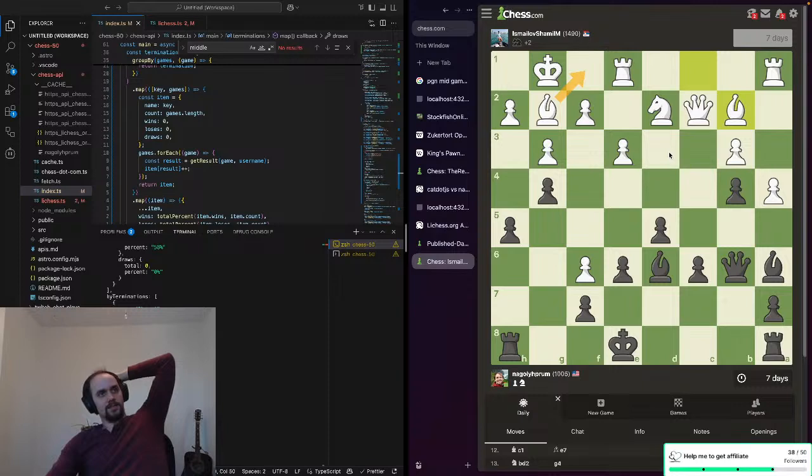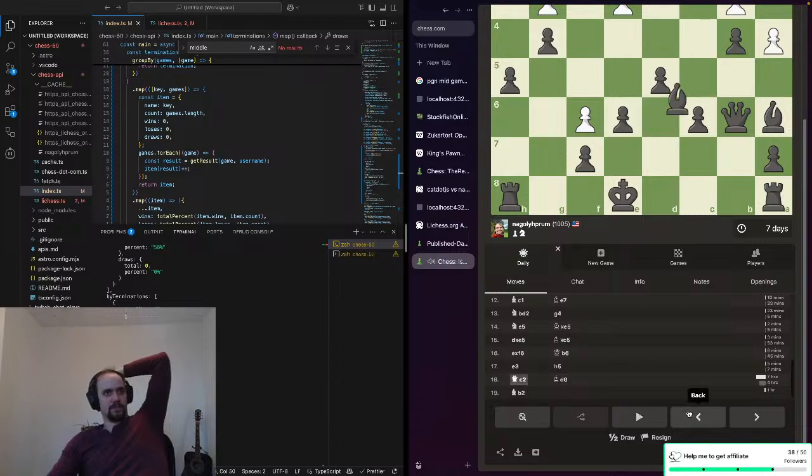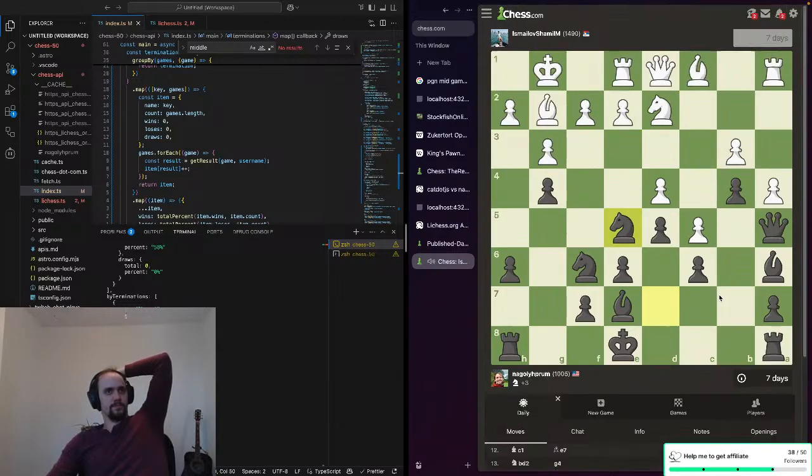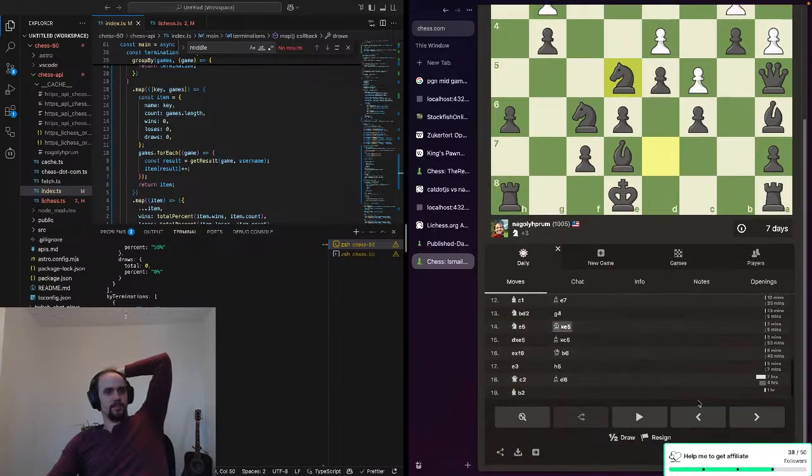I was intentionally trying to make his pieces useless early, trying to force them into really bad positions so that they couldn't move. Before I blundered, it was a really great position. Maybe back one more.